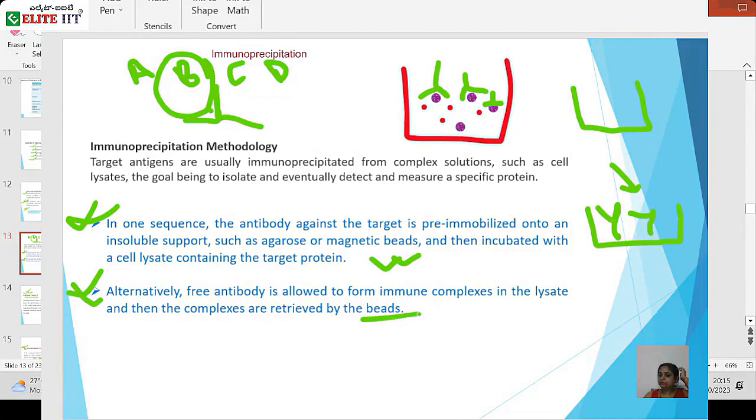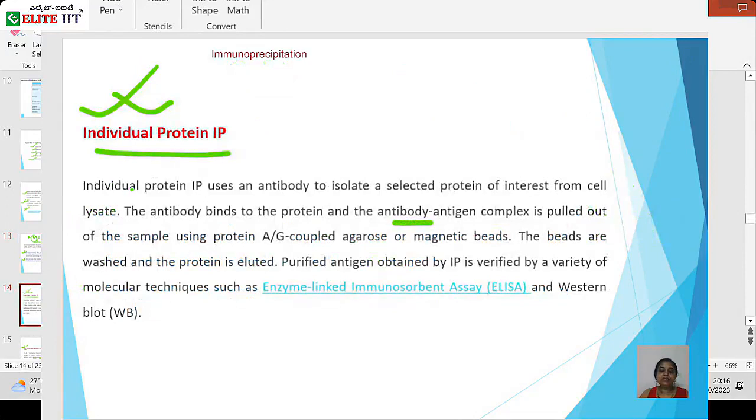Here, agarose or beads are attached with the antibody, and then you add the antigen. In this case, antigen-antibody interaction is done. Then you retrieve it through the beads. Okay. Now, if you consider the method, what are the different processes of immunoprecipitation? Okay.